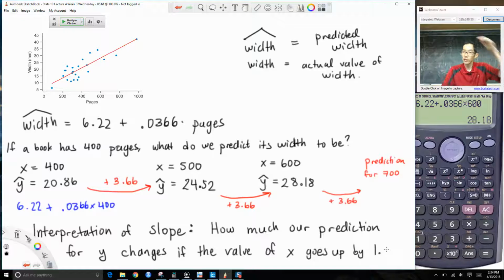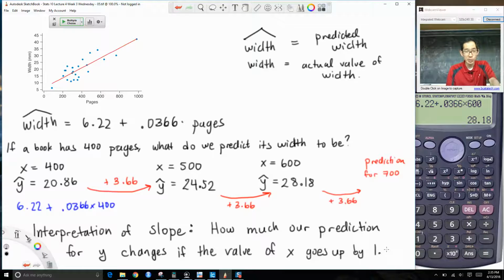Okay, and so in the context of our books here, what we're basically saying is if I add 1 page, and technically a sheet is 2 pages, but basically we're saying if I add 1 page, I'm predicting the width of the book to increase by 0.0366 millimeters, which kind of makes sense because a page or a sheet is very thin.